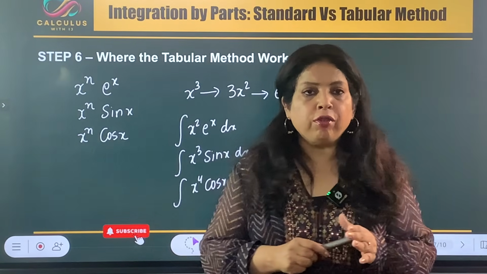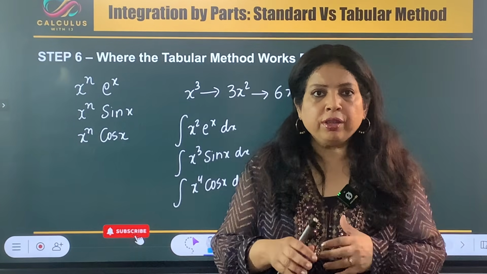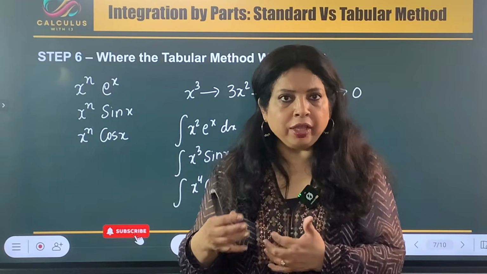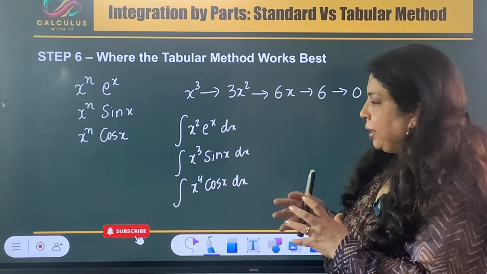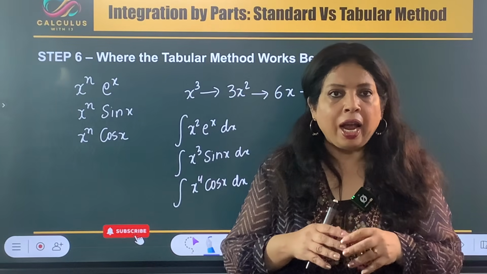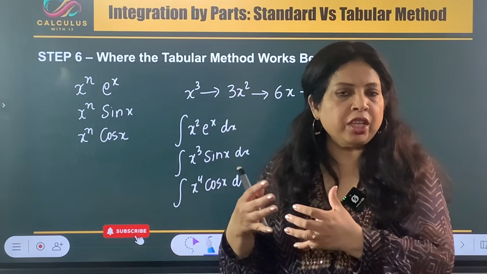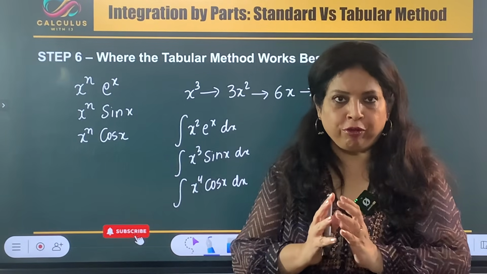However, if the function does not reduce to 0 after taking multiple derivatives, then the tabular method may not be very useful, and then the usual integration by parts method is preferred.